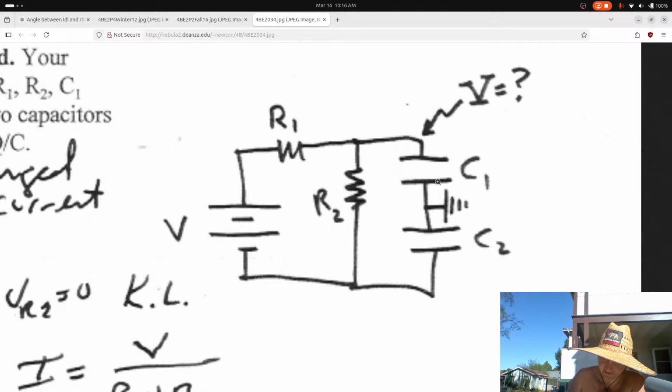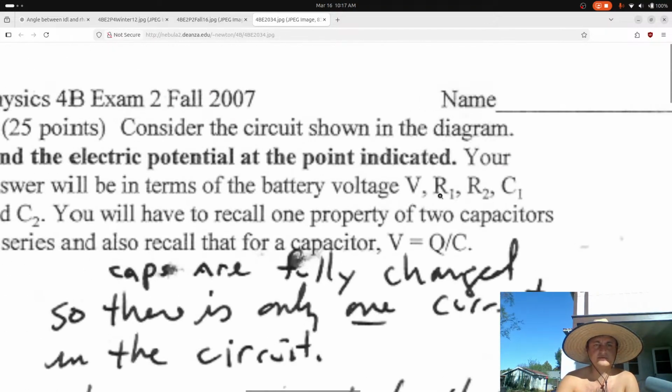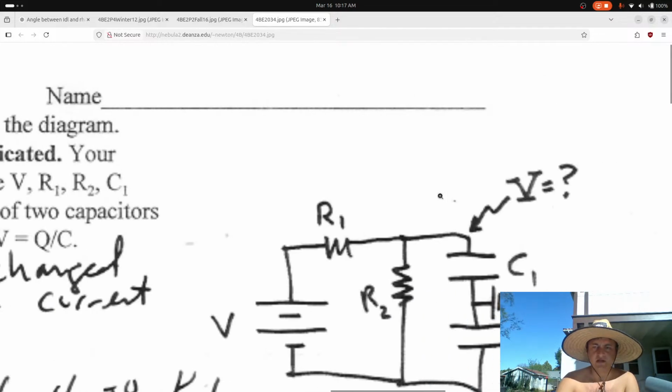So then you can find that V1 is equal to C2 over C1 V2. Okay, so now that's the voltage across this in terms of these capacitances. And what do we want to find? We want to find this potential. Okay.